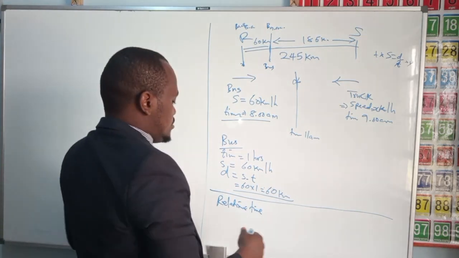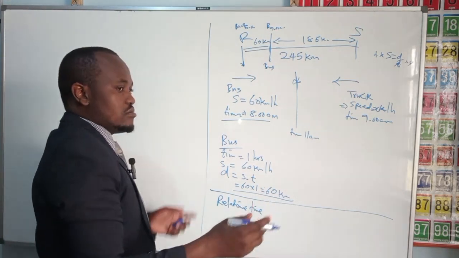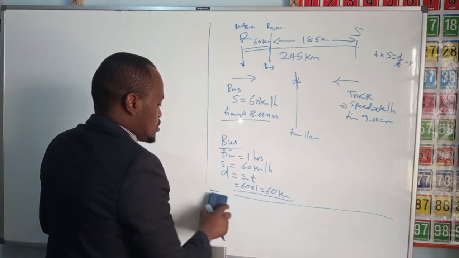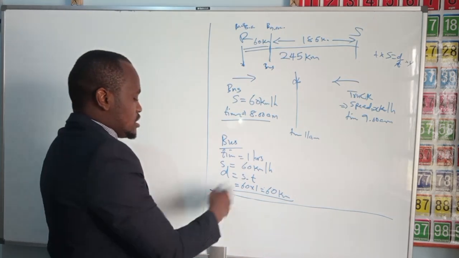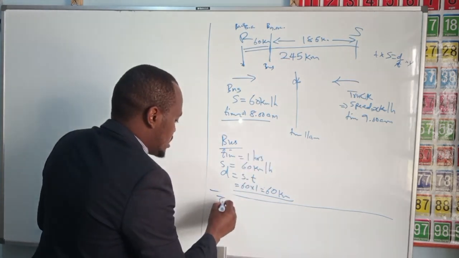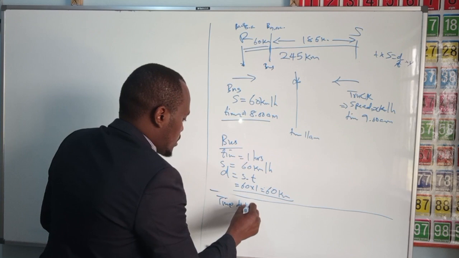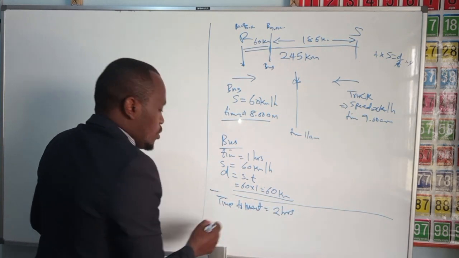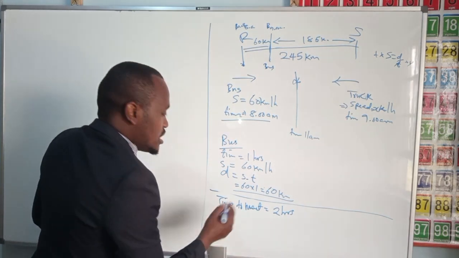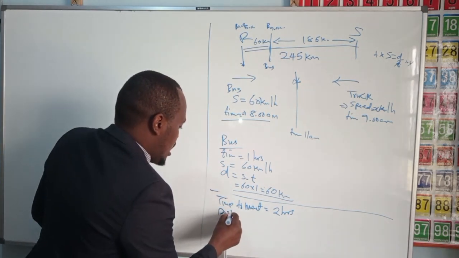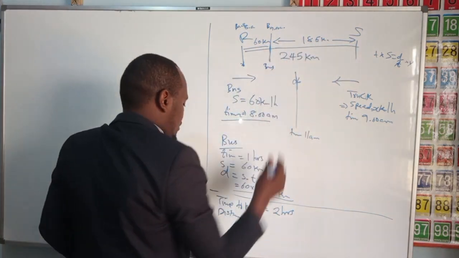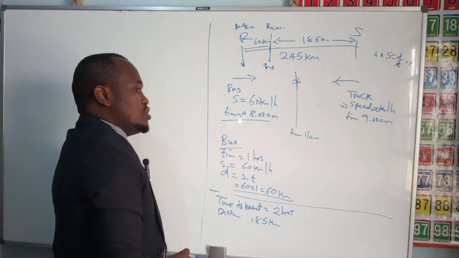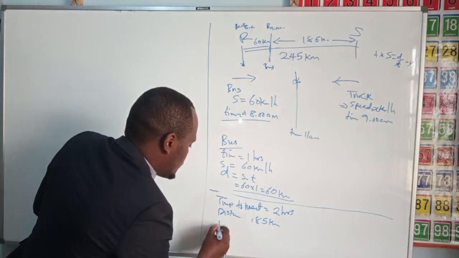Your KCSE books talk about relative speed. Let's not say relative time, but the time that the two take to meet is 2 hours. The distance that this one covers and this one covers together is 185 kilometers.